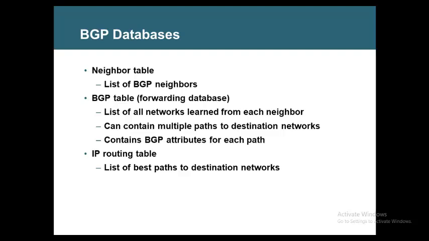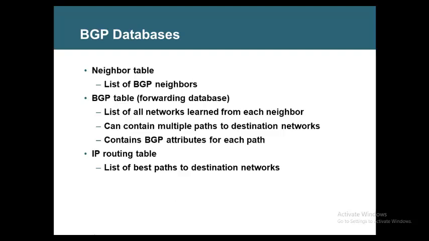And if there are multiple paths to a destination, even those multiple paths, like a topology table. Not only that, for every prefix in this table, you will see attributes attached to them. Even if you don't tune attributes, there will be some default attributes there.